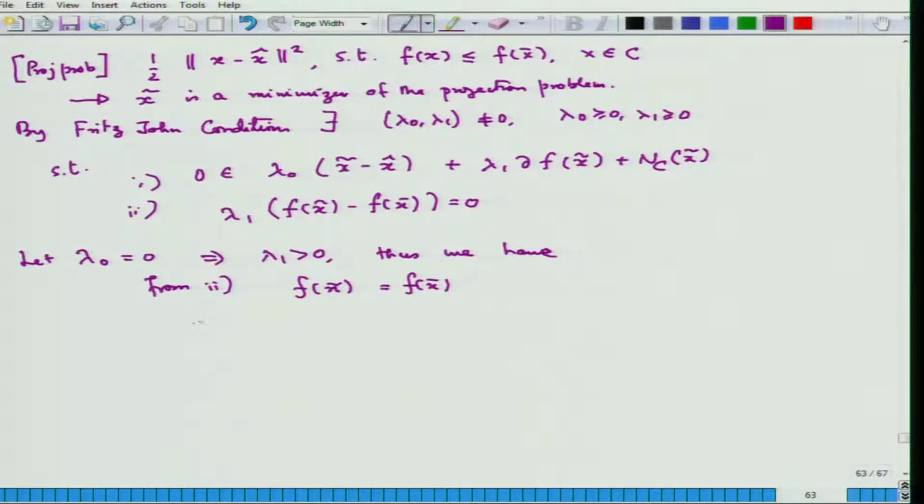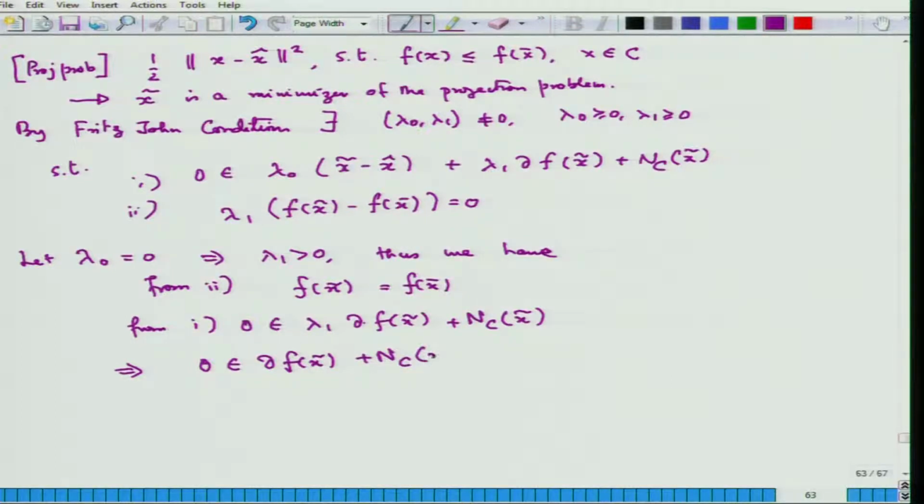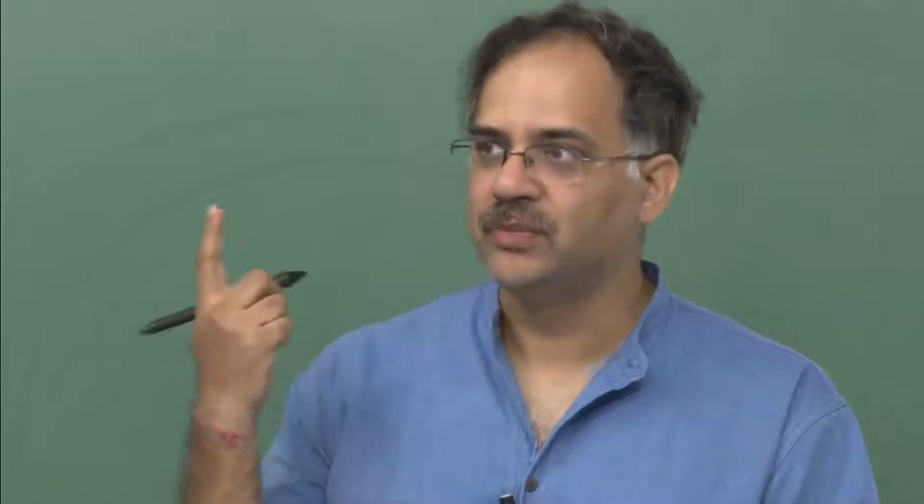And from the first we will simply have the condition 0 belonging to lambda 1 del f x tilde plus N_C of x tilde. Because lambda 1 is positive, I can divide by lambda 1 on both sides and lambda 1 would be absorbed in the normal cone, because it is a cone. So, 0 would belong to del f x tilde plus N_C of x tilde. So, this is nothing but a necessary and sufficient condition for a point to be a minimizer of the convex function over C. So, x bar is the point.